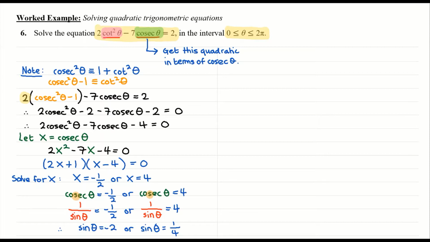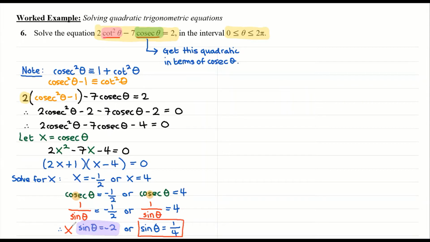You'll be more familiar with sine than you will cosec. And if you stare at those answers, you'll see that one of those is not valid. It has no real solutions whatsoever. Okay, this one, you remember the range of sine is between -1 and 1 inclusive. That's outside that range, so there's no real solutions. So we can ignore this completely. And the only one we need to focus on is this one.